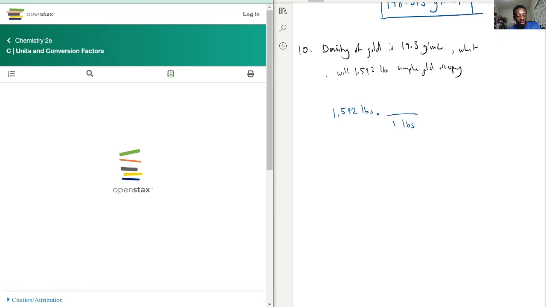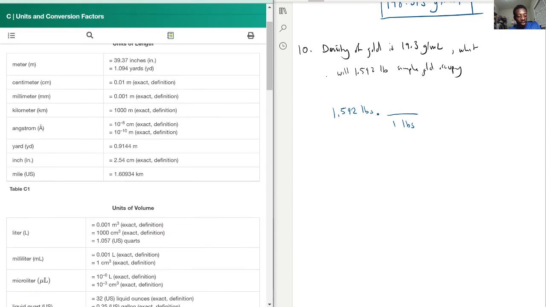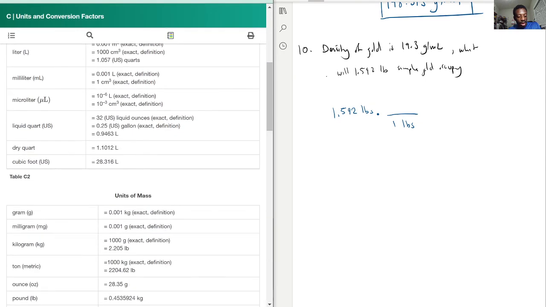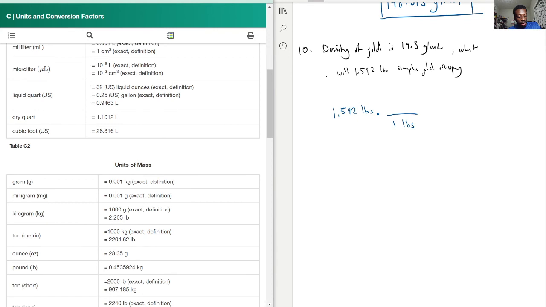So for this, it's loading up. For units of volume, units of mass, there we go. Oh wow, that's a lot of gold. So we have here that 1 kilogram is 1,000 grams, which is 2.205 pounds.